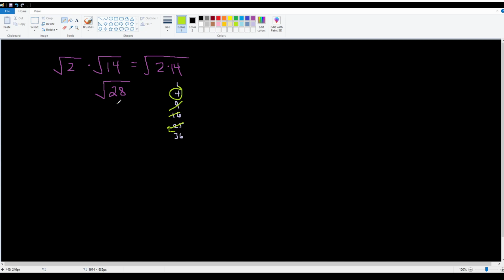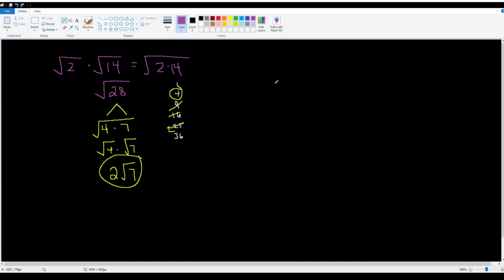So I can rewrite this as 4 times 7 under the radical, which I can rewrite as square root of 4 times square root of 7. Square root of 4 is 2. So I have 2 radical 7.